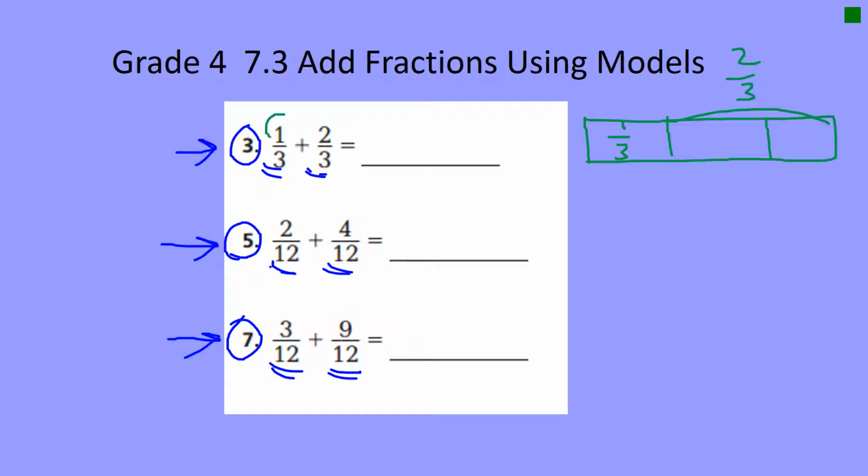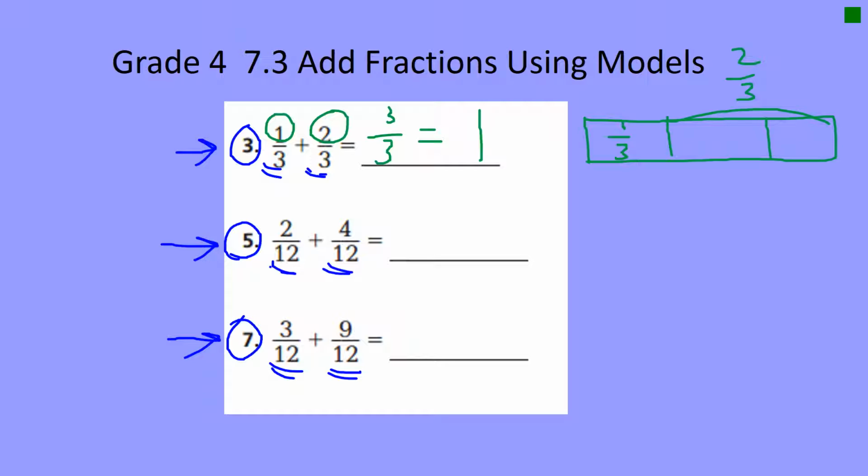Okay? 1 of those thirds plus 2 more of those thirds equals 3/3. What does 3/3 equal? If you have 3 pieces out of 3 that make one whole thing, you have one whole thing. Both of those are fine though. You can write 3/3. That's probably what your teacher is looking for.